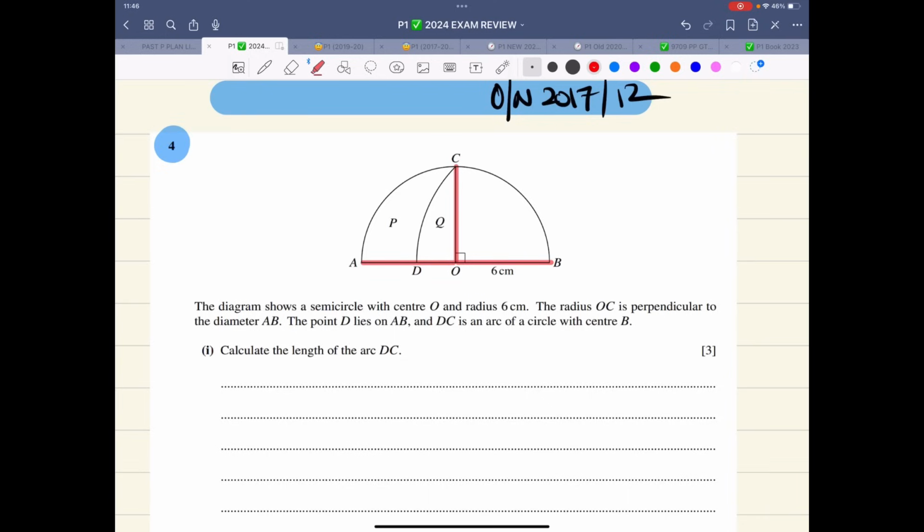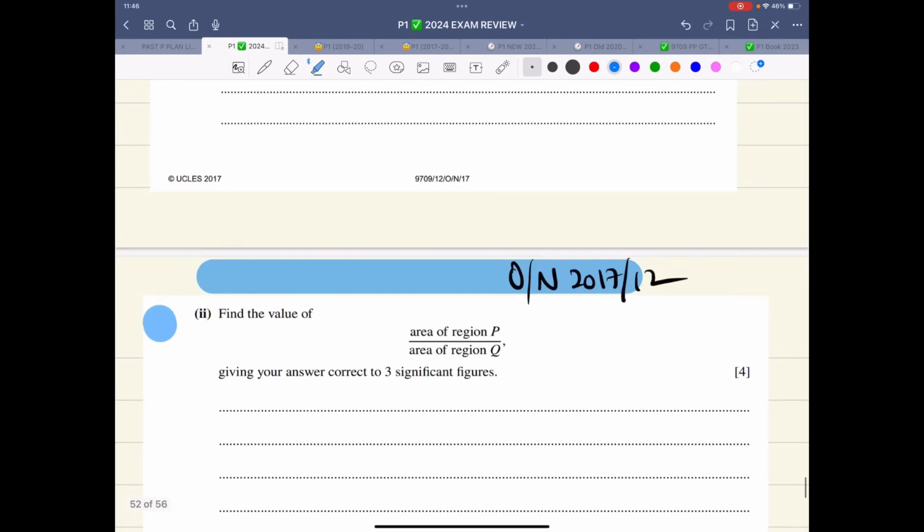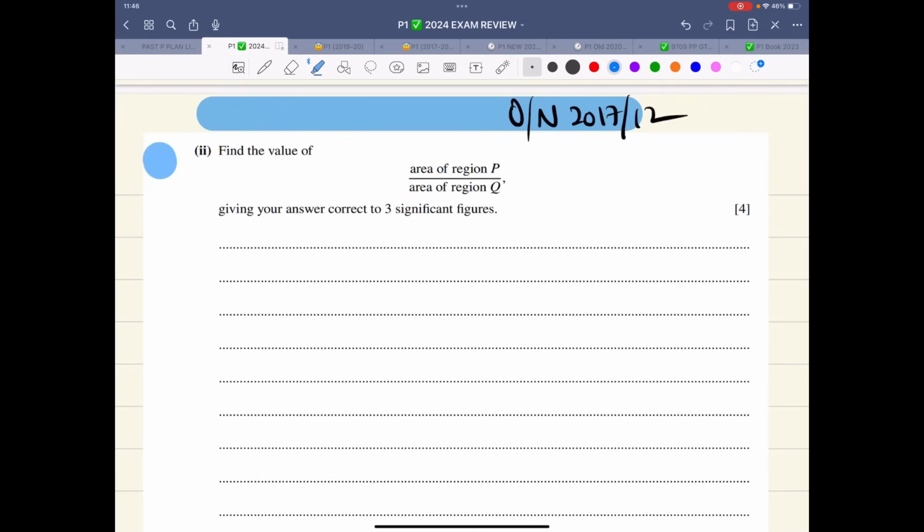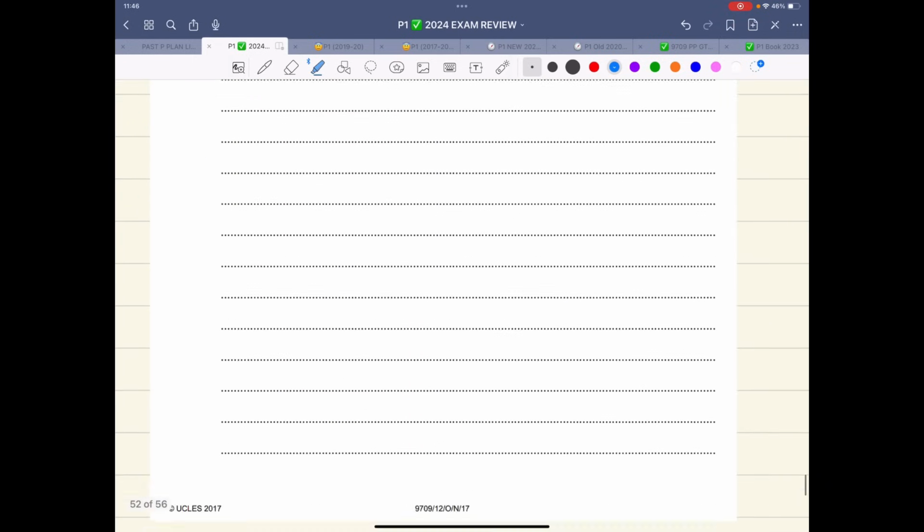Point D lies on AB, DC is an arc of a circle, center B. So DC, that is this thing, in another color, is an arc of a circle, center B. So this goes like this, and that's how this shape is made. Calculate the length of the arc, and then find the ratio of the area of region P to the area of region Q, giving answers to 3 significant figures.